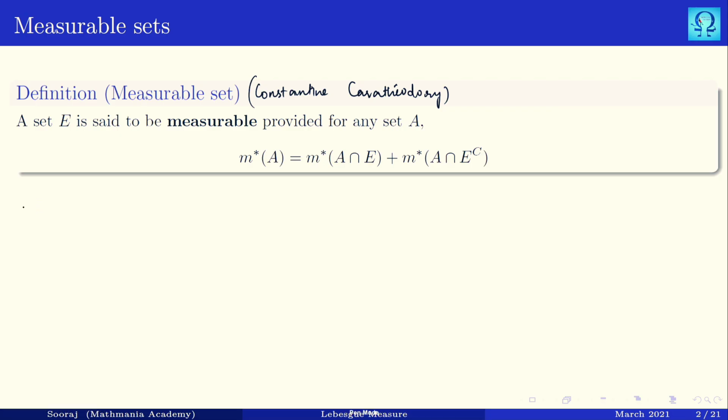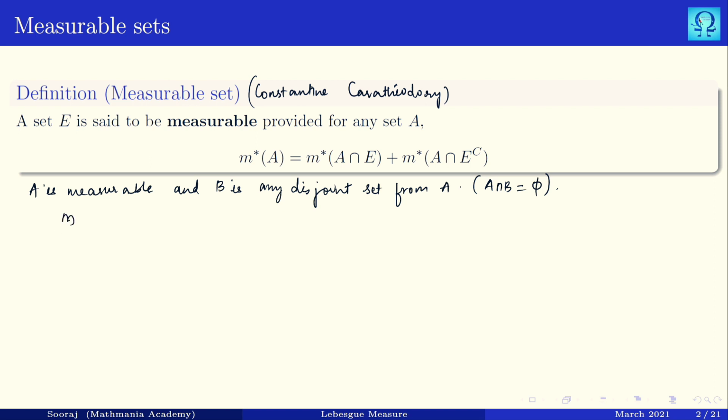The set A is assumed to be measurable and B is any set disjoint from A. So it means A intersection B is empty.